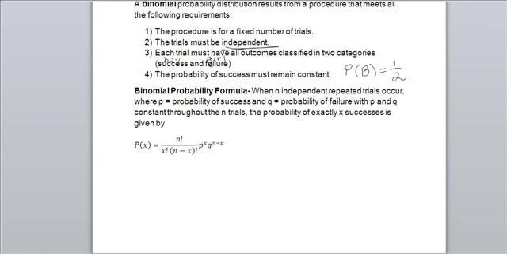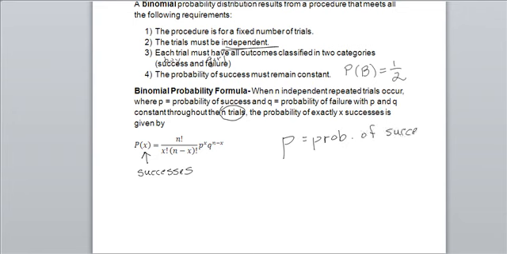So what we're looking at is the probability of x successes. The probability of x successes is found by taking n, and notice n represents the number of trials, so it is represented by n factorial over x factorial times n minus x factorial times the probability of success.